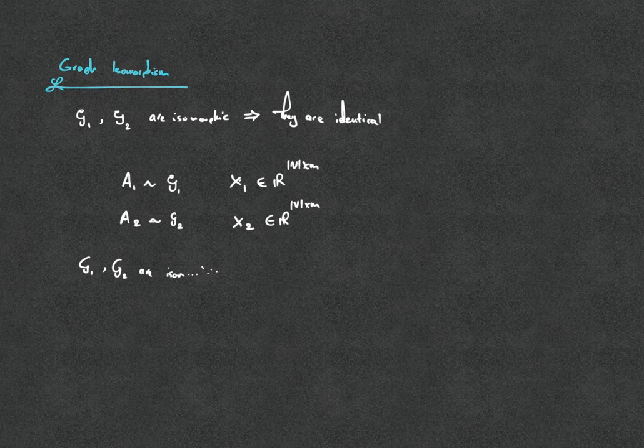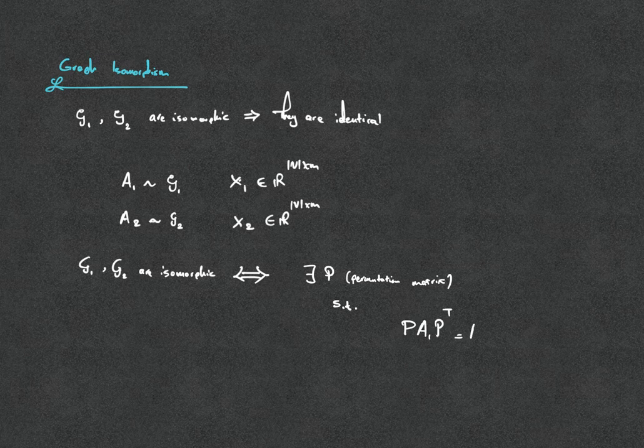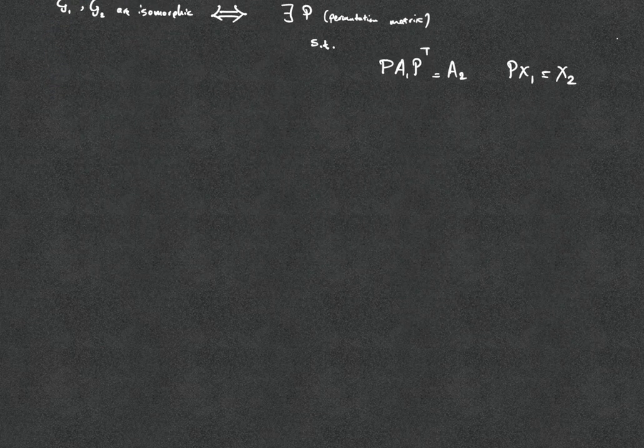So G1 and G2 are isomorphic if and only if there exists a permutation matrix P such that you can permute the nodes in one to essentially reach the other. And that also results in permuting the node representations. Again, we will have the same correspondence. So this was a simple definition.